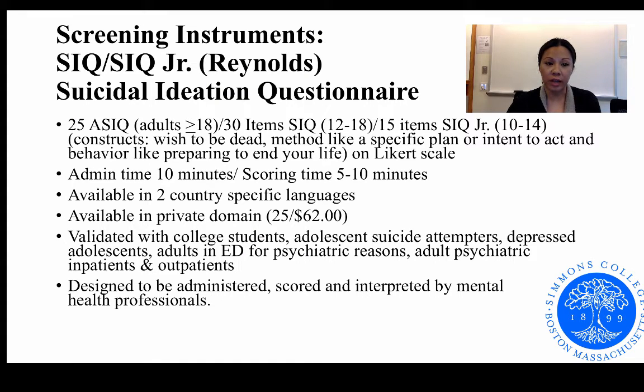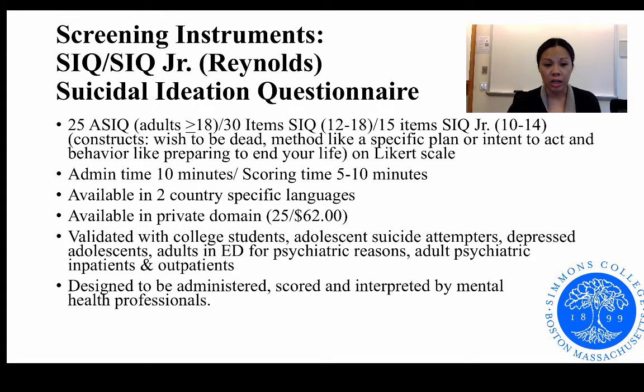The second validated instrument that I would like to talk about is the SIQ, or the SIQ Jr, which was created by Dr. Reynolds. It is the Suicidal Ideation Questionnaire. Now, there are 3 adaptations of the specific questionnaire to specific populations.